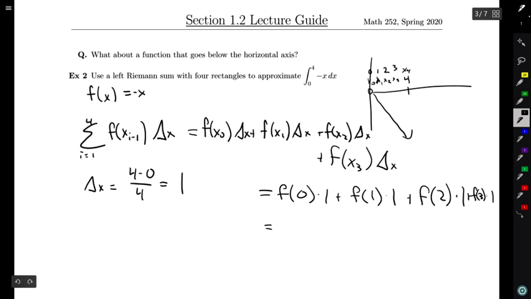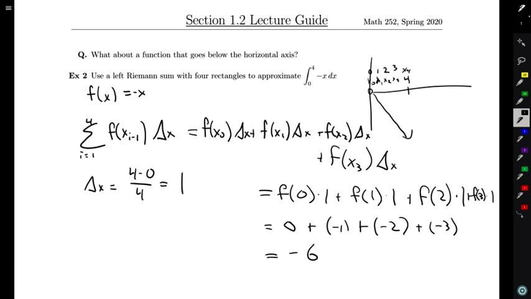So multiplying by 1 doesn't do anything, so we can just compute f of 0. f of x is minus x, so this is going to be minus 0, which is 0, plus f of 1, f of x is again minus x, so we're adding minus 1 there. f of 2 is minus 2, f of 3 is minus 3, and this leaves us with a good minus 6 as an answer.